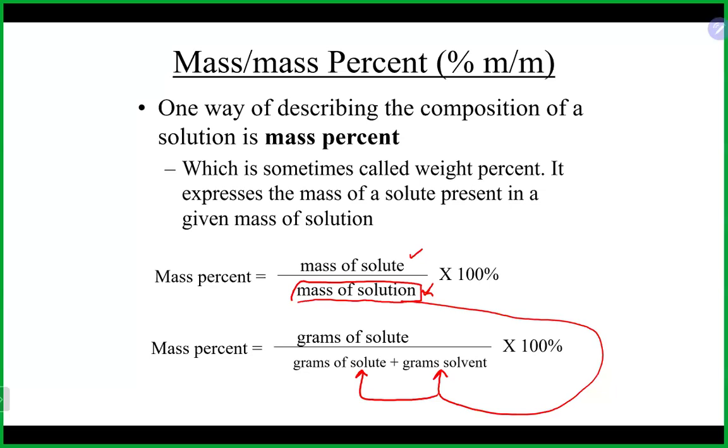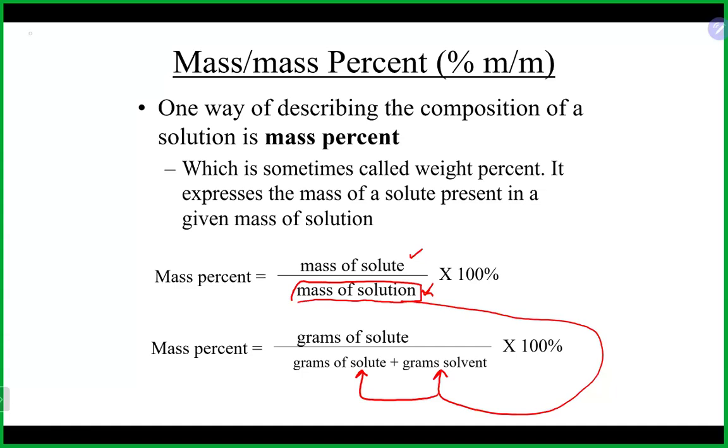This is a problem in these types of problems because they typically will break up the mass of the solution into the mass of the solute and the mass of the solvent separately. A lot of times people just see the bigger number and go with that for the solution, but very often it's split up. So you want to make sure you get both of those components for the bottom part of this calculation.